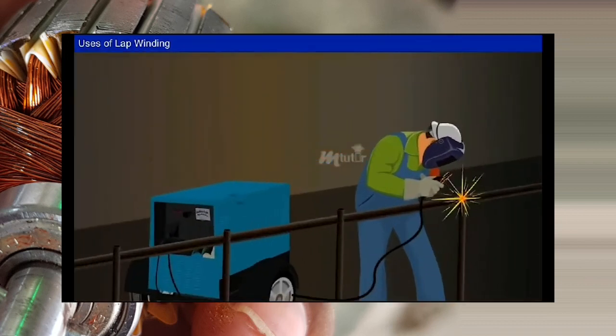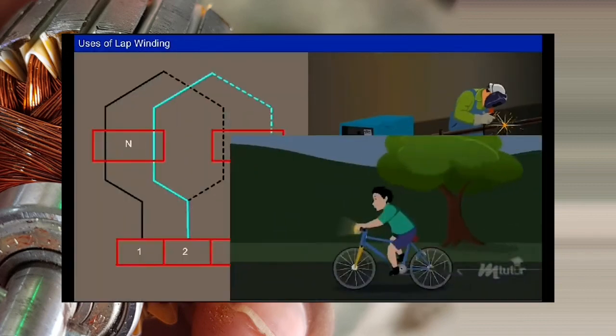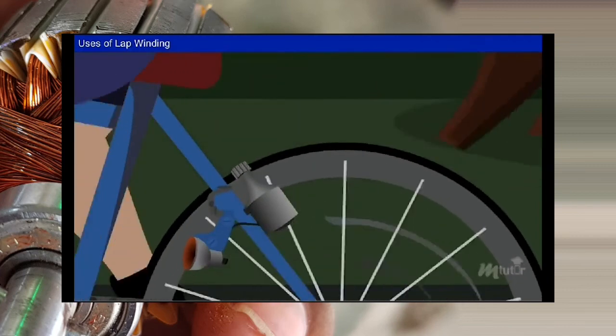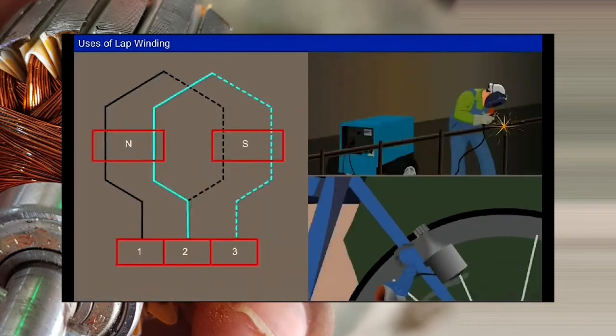One such application is the welding generator machine, which produces higher current for welding purposes. A dynamo is another application producing high current, normally seen in bicycles.